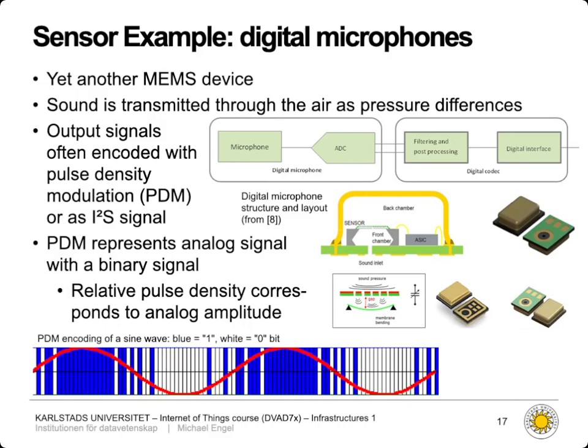Essentially, the higher the amplitude is, the more 1 bits you send in a certain amount of time. You can see this red sine wave here, and wherever the sine wave has its least amplitude, like the two parts with the white bits, which indicate a 0 bit, you just send zeros, indicating a very low amplitude, and then your amplitude goes up. So what you get are more and more 1 bits dispersed over this time.